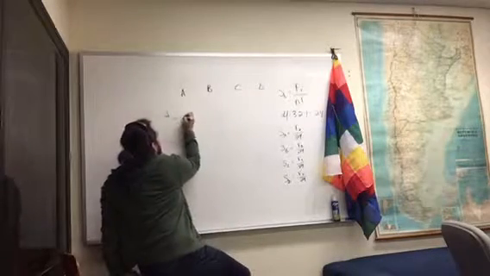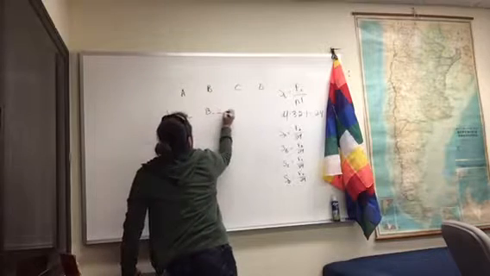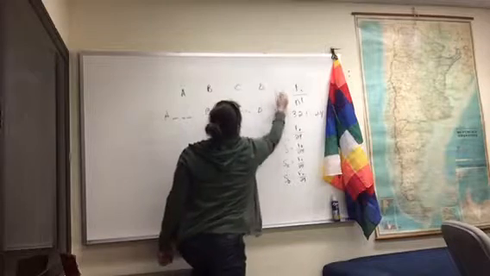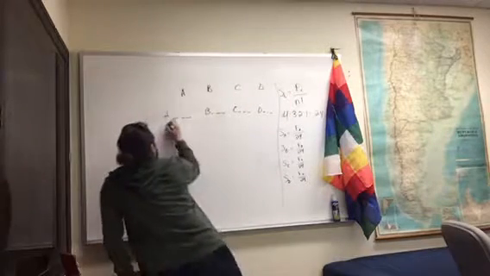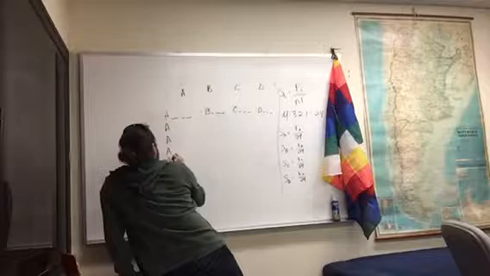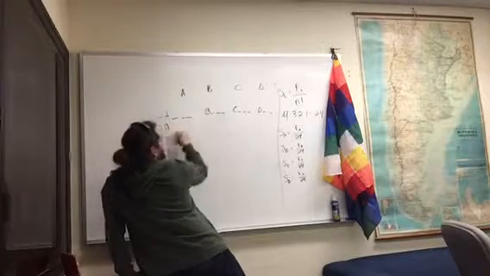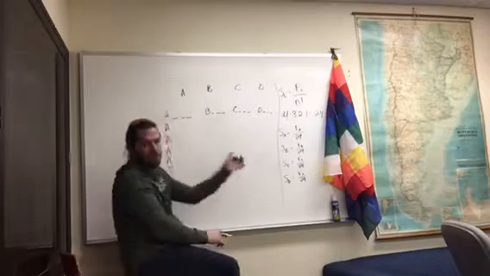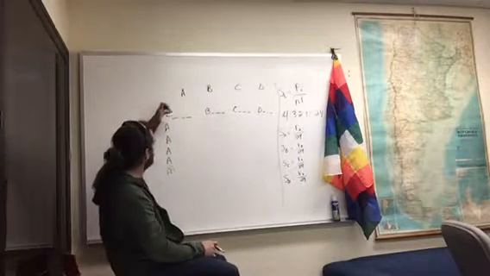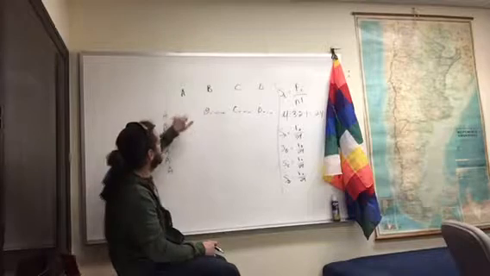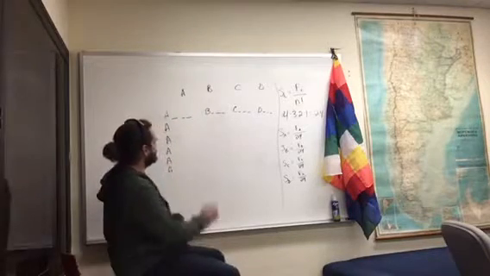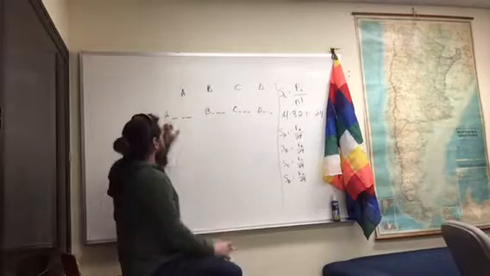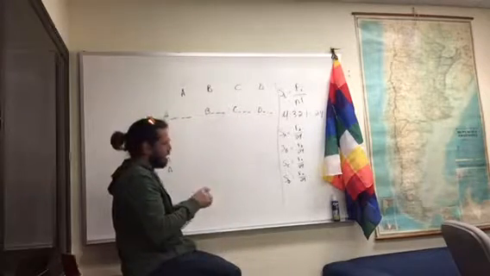So like A, B, C, and D. 6 times. 6, 12, 18, 24. And then we have to rearrange. I mean, if we were going to write them all out, we would find all the different ways we could organize B, C, and D in these blanks, right? So we know that there's 24, and that it's 6 per starting letter.